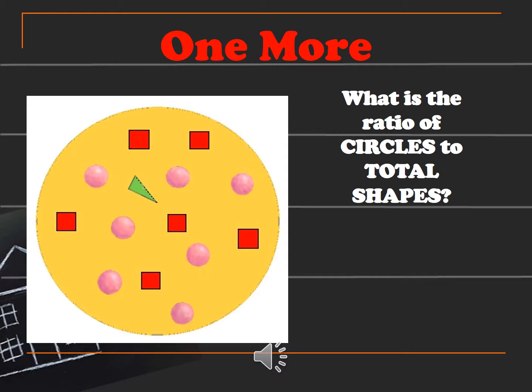For this example, I would like you to find the ratio of circles to total shapes. Circles to total shapes. For this one, I will give you about 15 seconds.